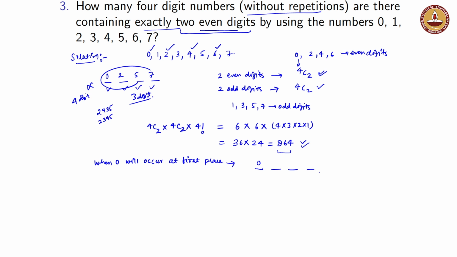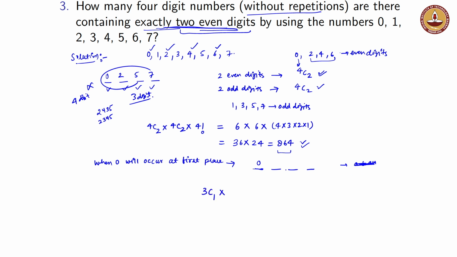As per the condition, we have to choose exactly two even digits. Now 0 is an even number, and 0 is already there. That means we have to choose a single even number, because there can be exactly two even digits. To choose the second one, since 0 is already there, I can do it in 3C1 ways.